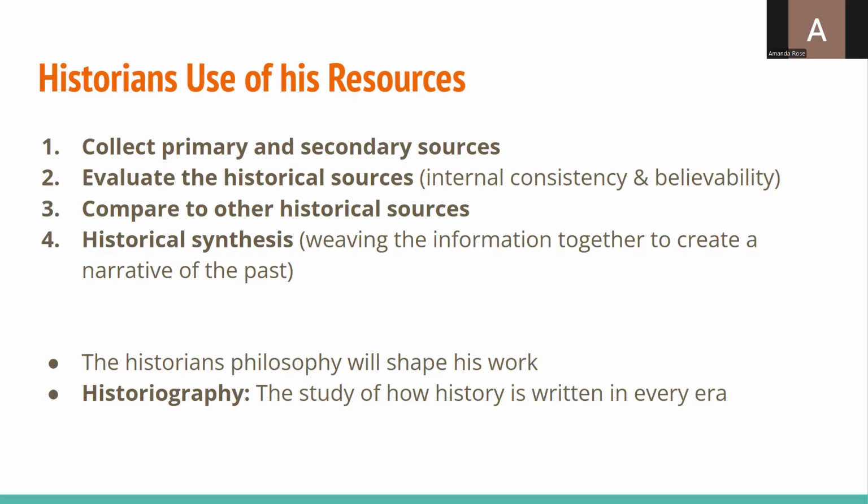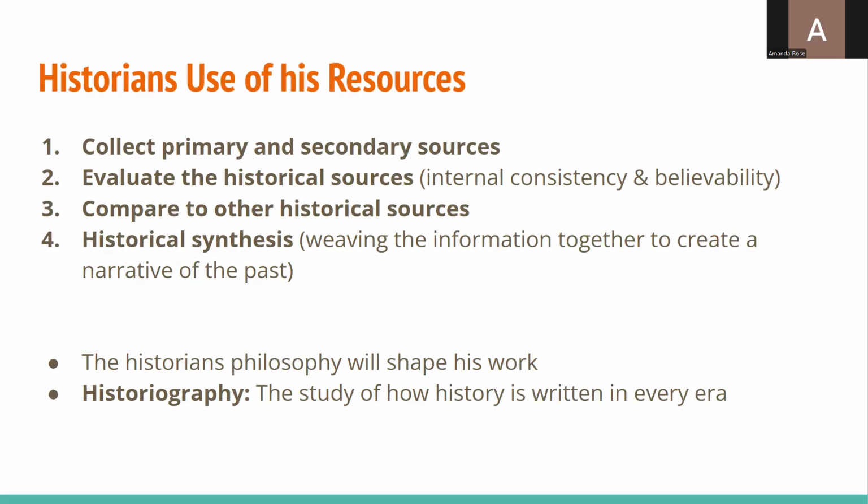So when it comes to historical interpretation, he needs to interpret the events he records by integrating into the account what he believes is the meaning and significance of the event. So historical synthesis is almost like weaving the information together, creating a timeline, and then historical interpretation is giving meaning and significance to the events.